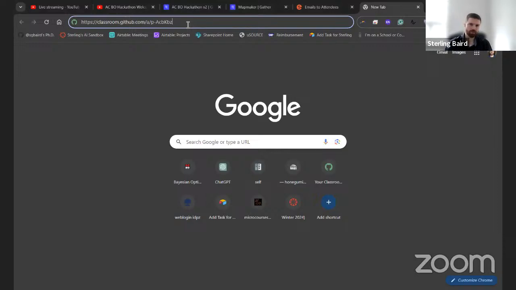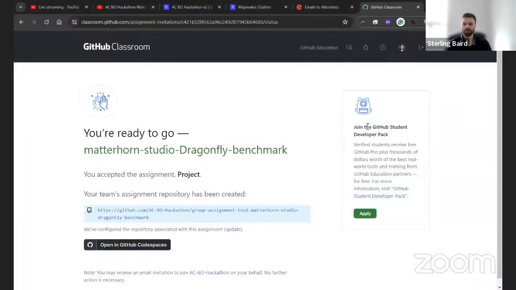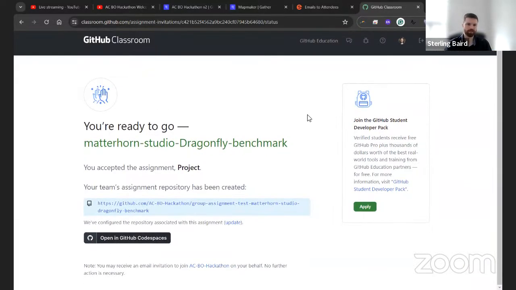Okay, so this GitHub Classroom link really just opens up a way for you to create a repository based on a template that we have. Other contributors, like your team members, are able to click in and easily get added to the repository.